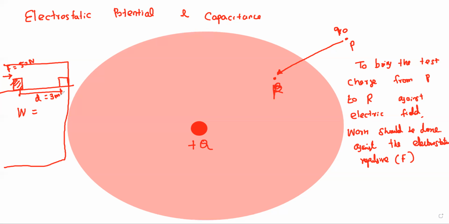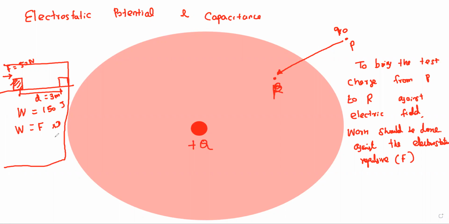What is the unit? Work is joule. So 150 joule. Simply speaking, work is equal to force into displacement, F into D.